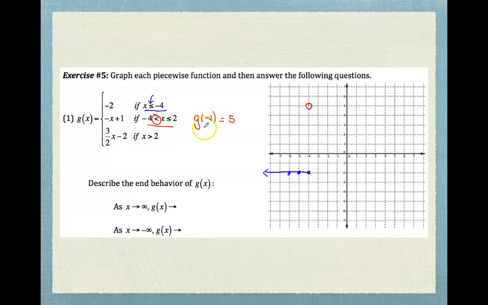Okay, and then I'm interested in what g of 2 is. And if I plug 2 in to the g function, I get 2 plus 1. And 2 plus 1 is 3.